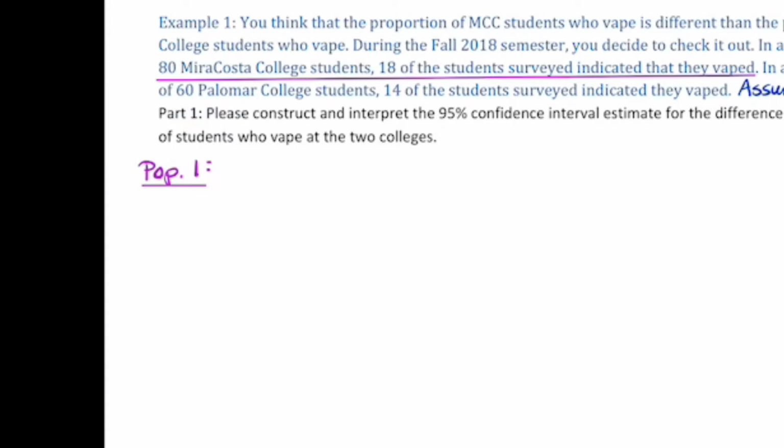In this population, N1 is 80, and successes, which is X1, is 18. From this information, we can get P hat 1 is X1 over N1, which is 18 over 80, and that's exactly equal to 0.225.